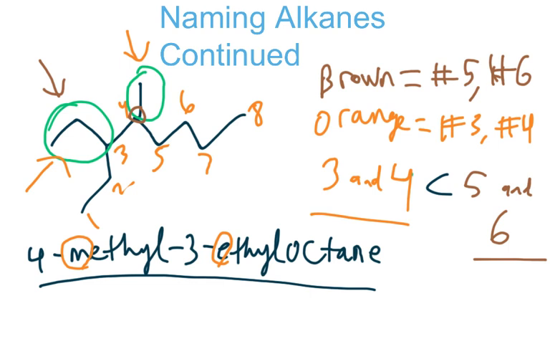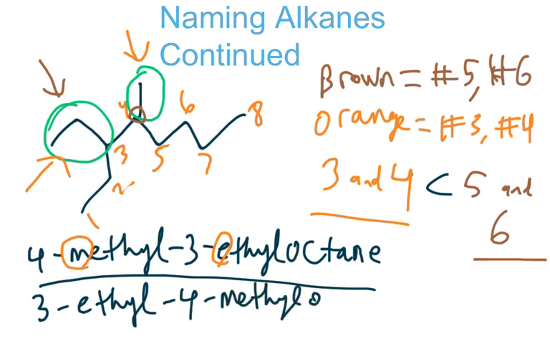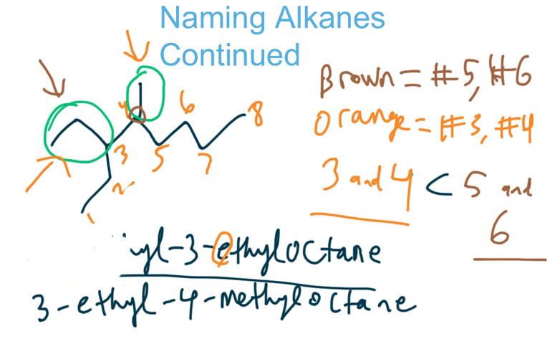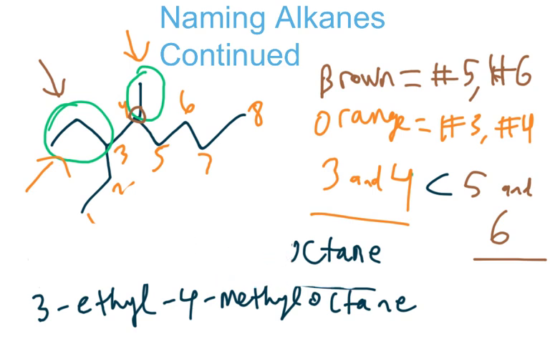So in fact, the correct way to write this would be 3-ethyl-4-methyl octane, right? So let's go and erase this because this is not the correct way. And why? Because we didn't write in alphabetical order. Okay, you always write these in alphabetical order according to IUPAC, right?